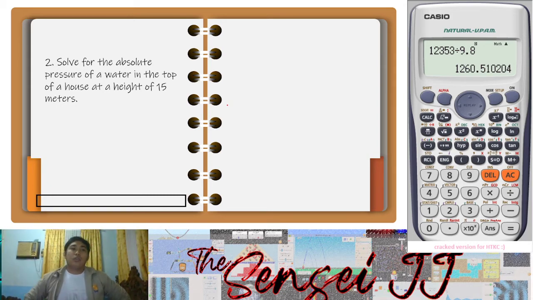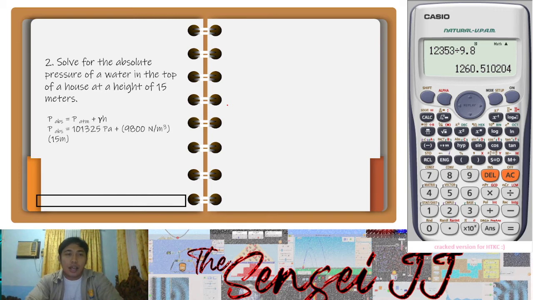Okay, so solve for the absolute pressure of water at the top of a house at a height of 15 meters. So, P absolute is equal to P atmospheric plus gamma times the height. We have atmospheric pressure of 101,325 pascals, which is our 1 atmospheric pressure from our previous lesson, yung ating measurements.